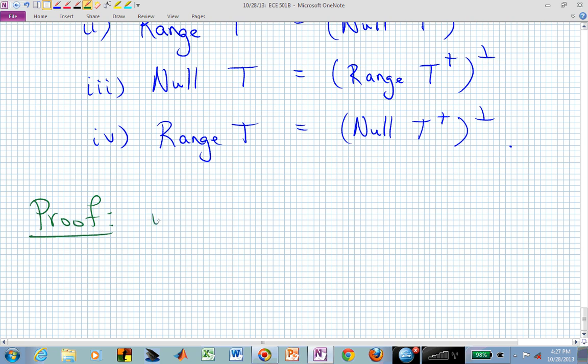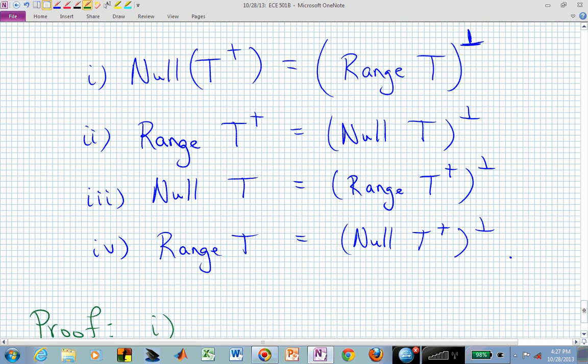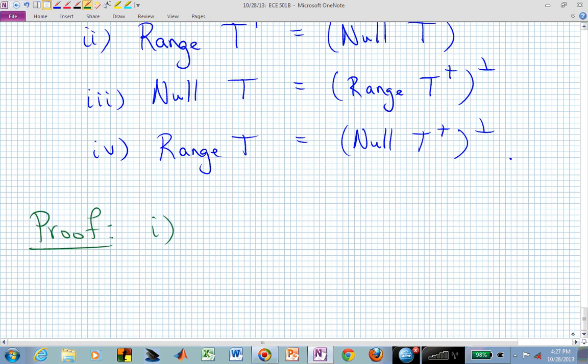How about we look at the first one, which is now off the screen, but that was the null space of the adjoint. We want to show that that's equal to the vectors that are in the orthogonal complement of the range of T. First, let's select a vector in the null space of the adjoint operator.